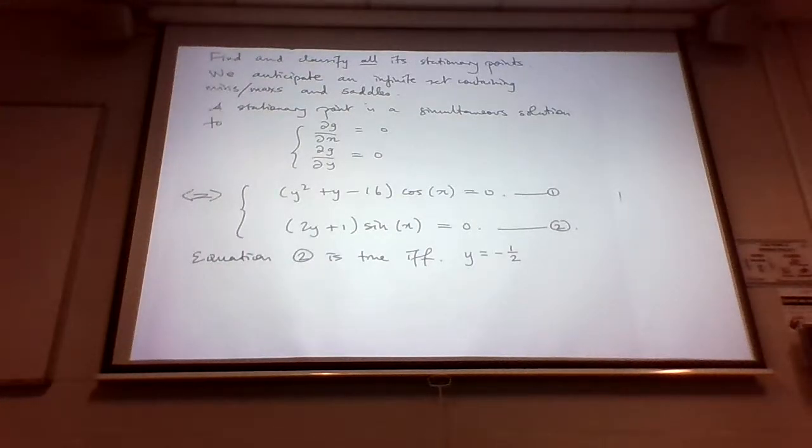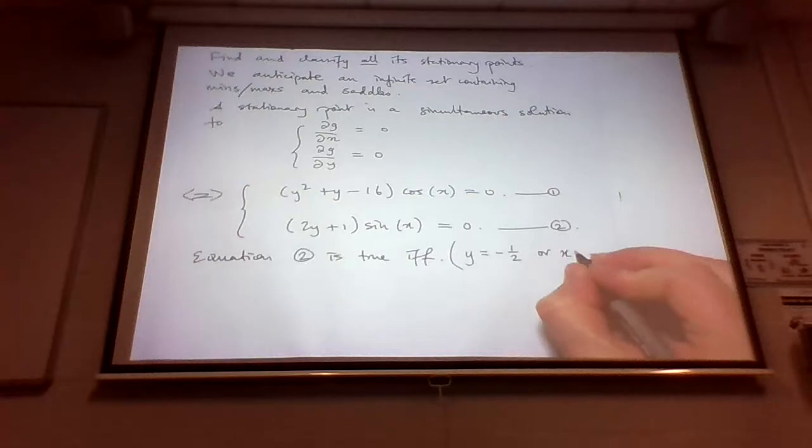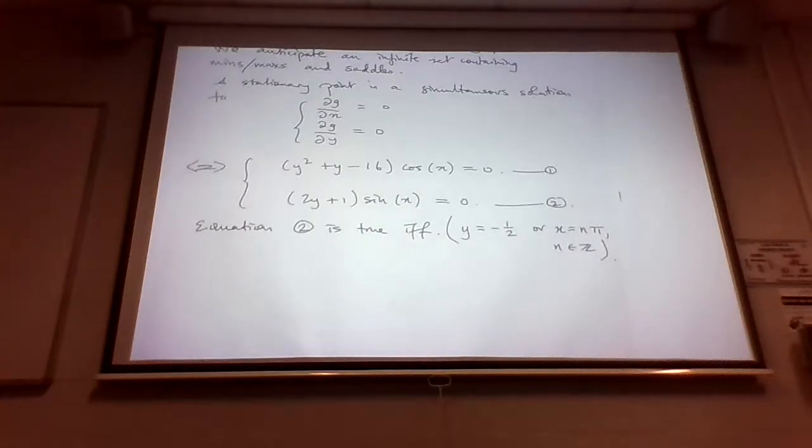So sine of x is equal to 0 only when x is an integer multiple of pi. And those are the only circumstances under which equation 2 is satisfied.